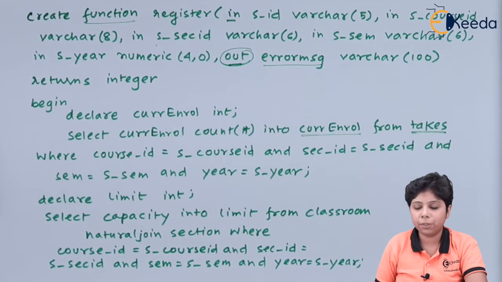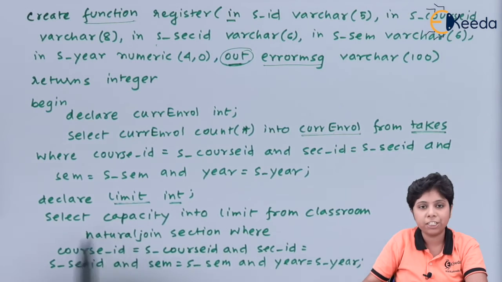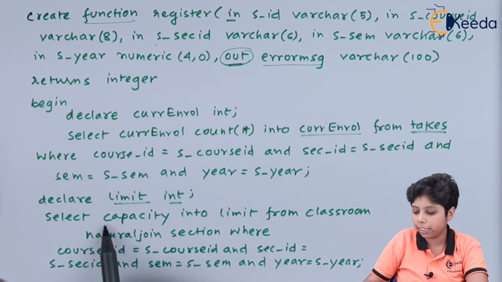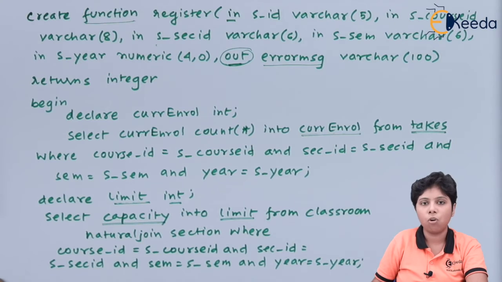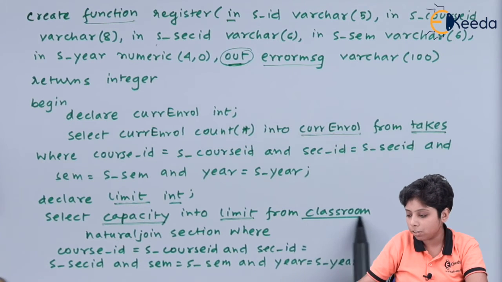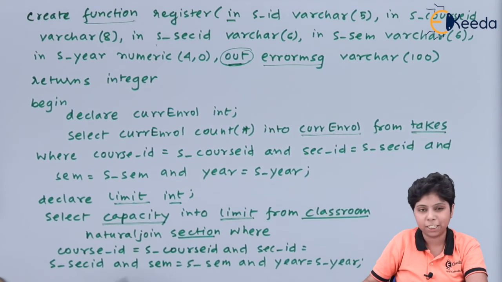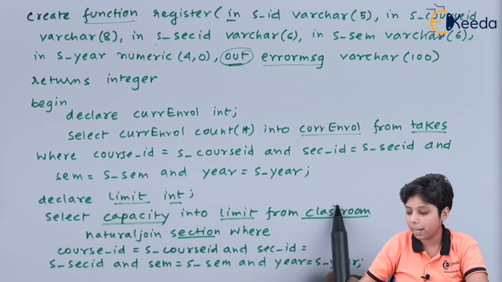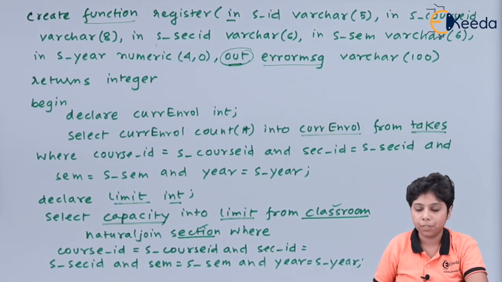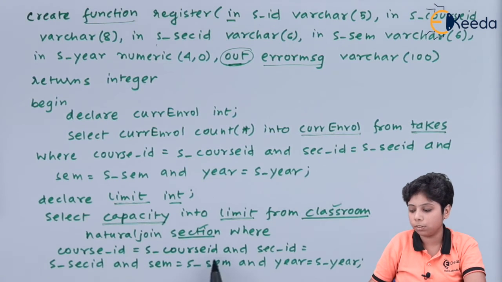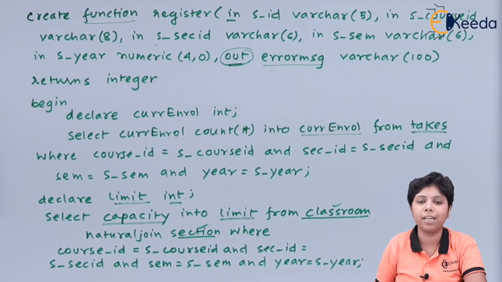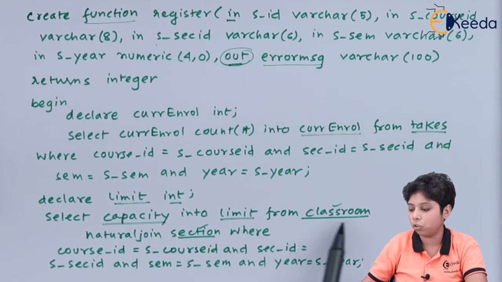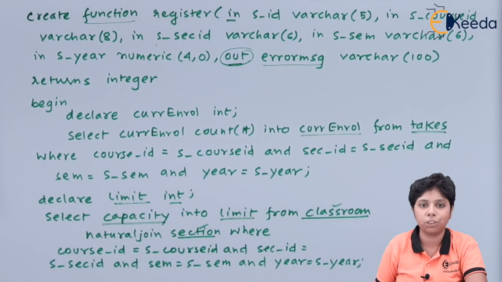Now I am declaring a variable limit that is of integer type and putting the capacity into the limit, from the natural join of classroom and section, since I need information from both the classroom and section relations, where I have matched the course ID, section ID, semester and year of the student information to that of the natural joined classroom and section information.